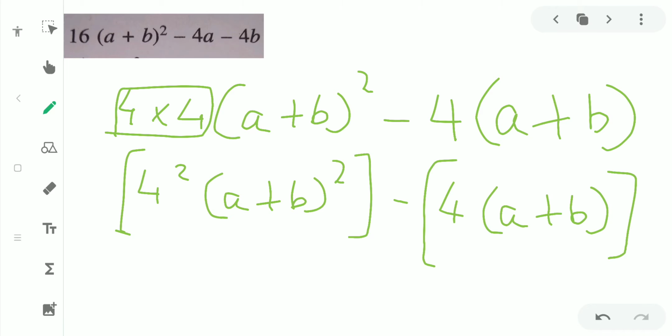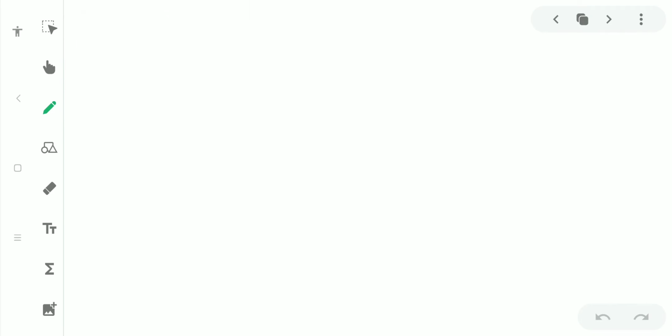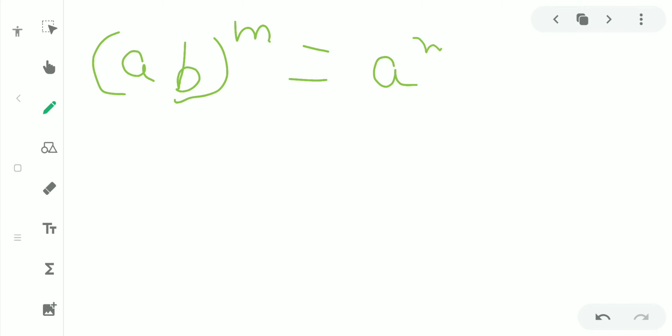Now here we have a square and a formula, that is ab whole power m is equal to a power m into b power m.